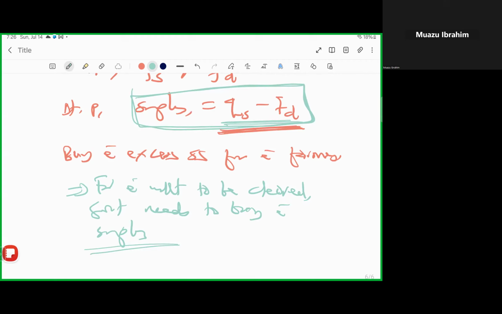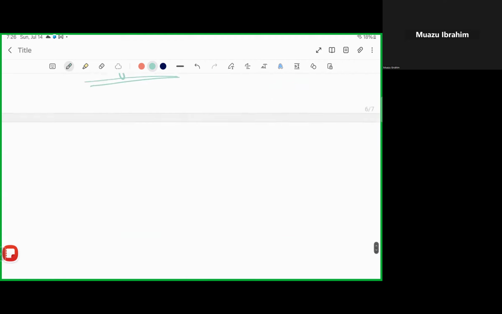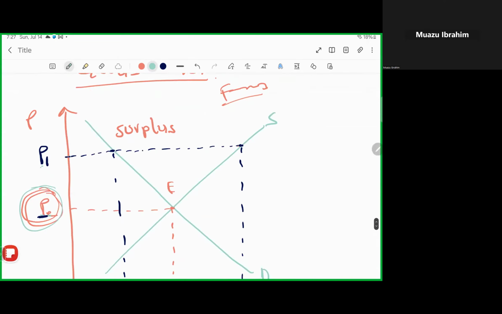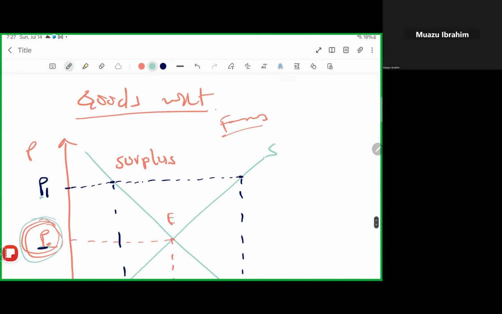Now, if we also transfer this to the case of, let's say, the labor market. Remember, government is setting a minimum price. So this is the minimum amount at which we should trade this particular commodity. Here we are talking about the goods market.